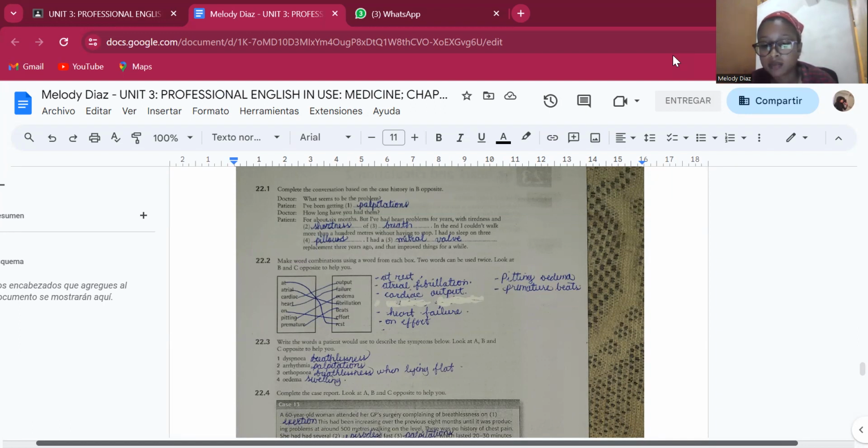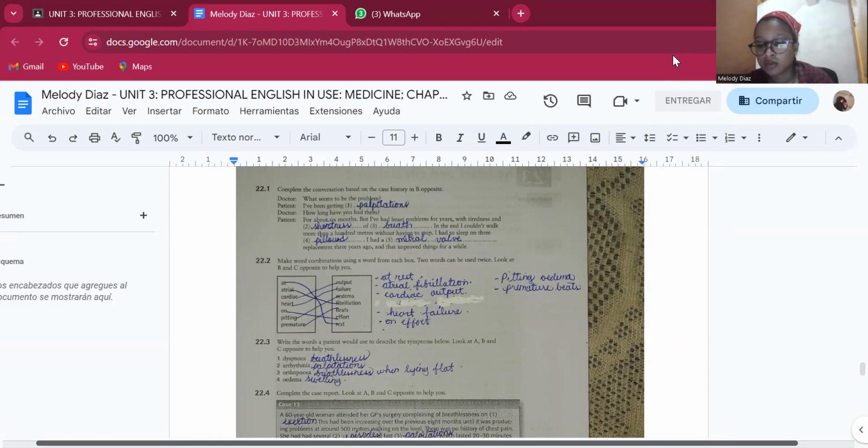Patient: for about 6 months, but I've had heart problems for years, with tiredness and shortness of breath. I can't walk more than 100 meters without having to stop.